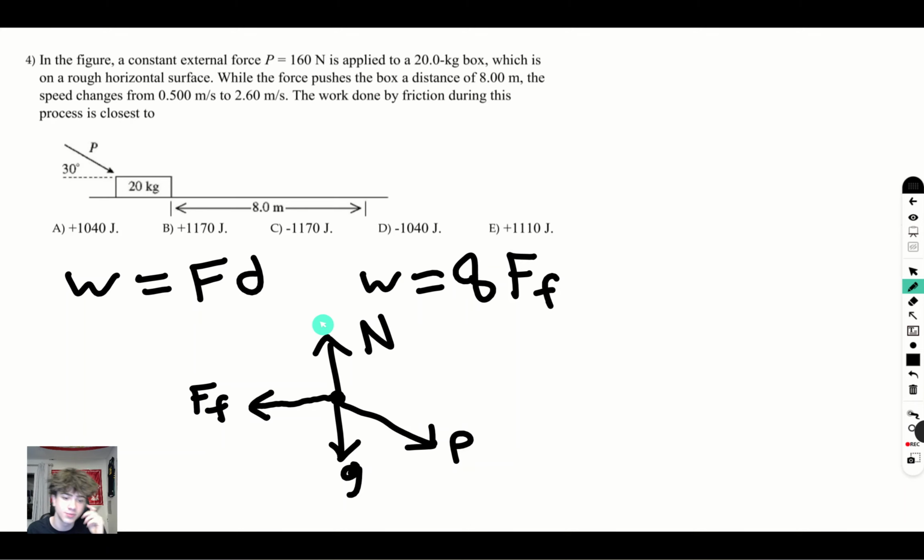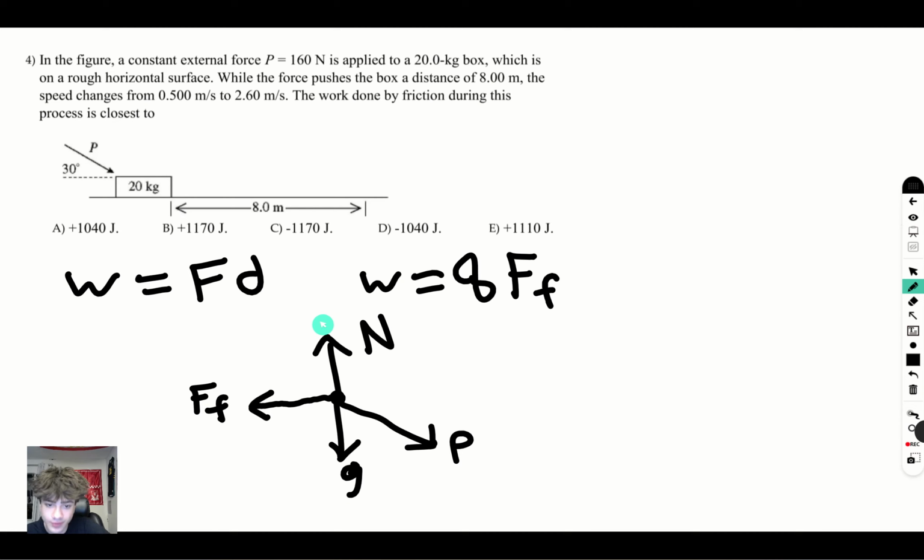Now, we know that the block isn't going up or down, so the direction we're going to be focusing on is the x direction, because we're looking at how the frictional force affects the block during its travel of 8 meters diagonally.